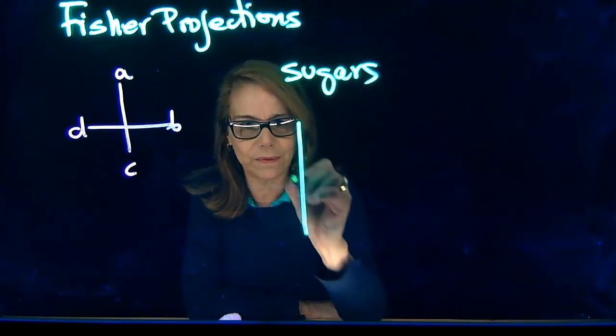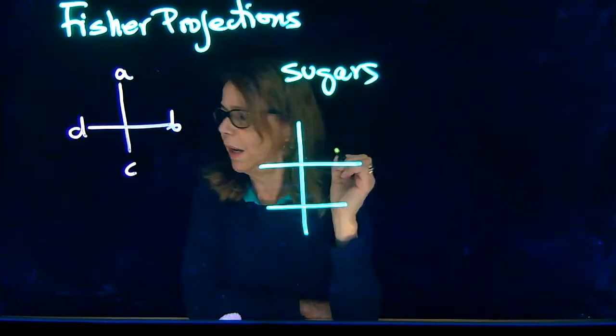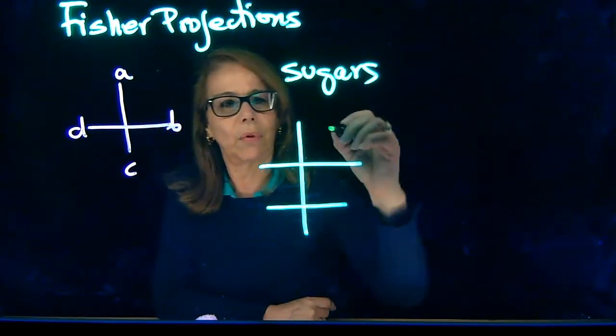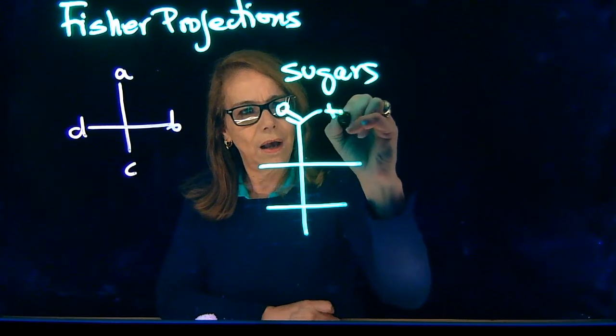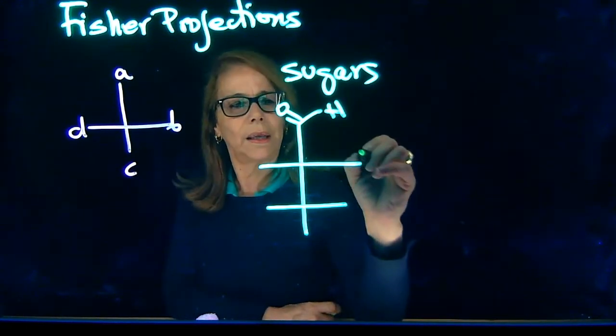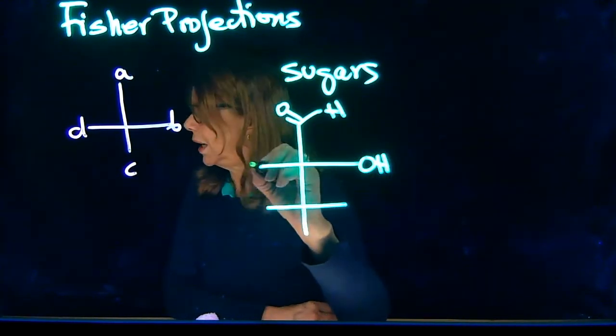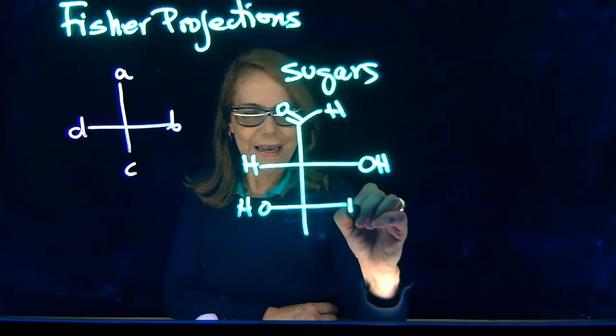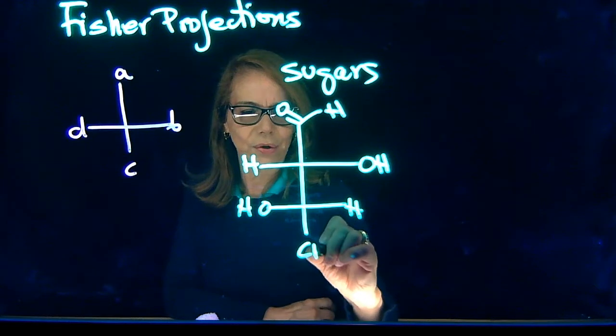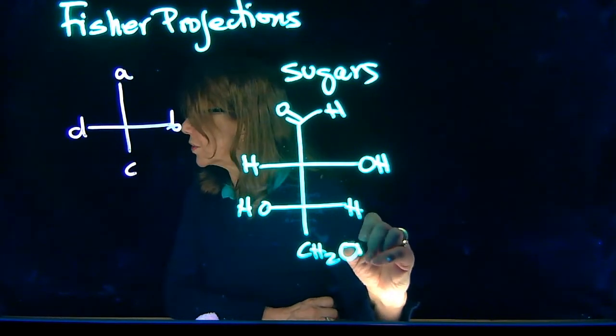And so let's do this molecule. I'm looking at what I have in my handout here. Let's say that I have an aldehyde, and now OH, and I have H, OH, H, and here I have CH2OH.